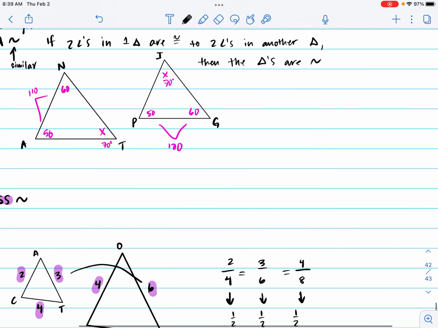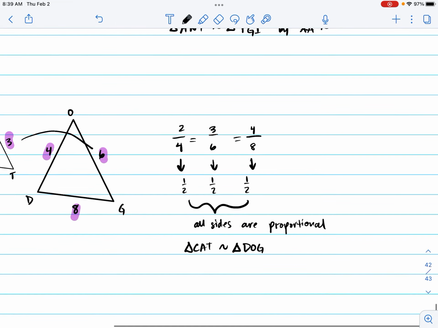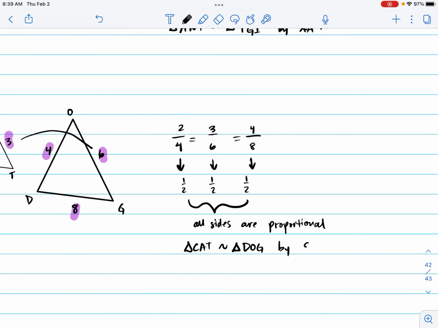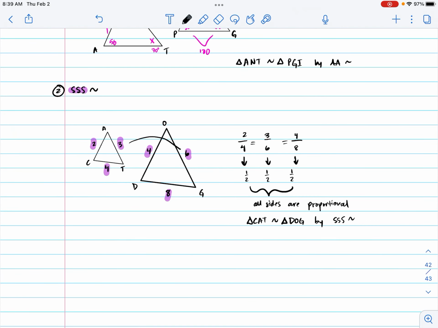And we would here say triangle PANT is similar to triangle PIG, and making sure we're lining up the corresponding parts, it shouldn't be PIG in this one actually, PGI, because I changed this around. PGI by angle similarity. And this one should be by side, side, side similarity. Okay?